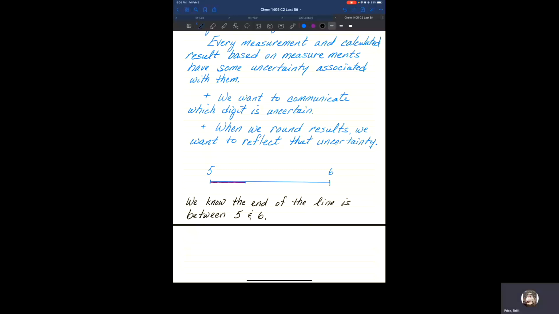Anything more than that is going to be a guess, an estimation. But I want you to estimate.